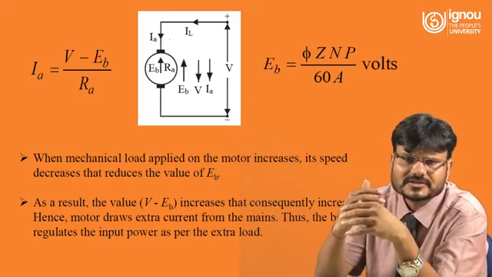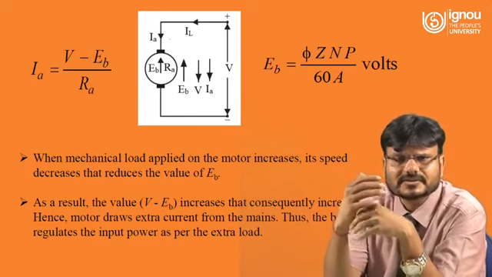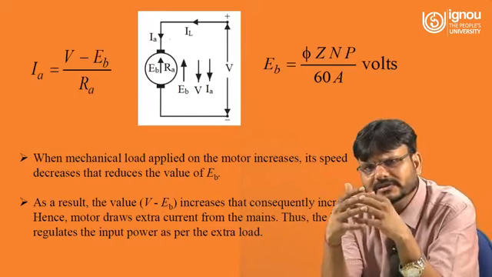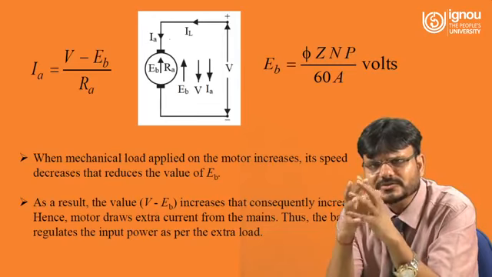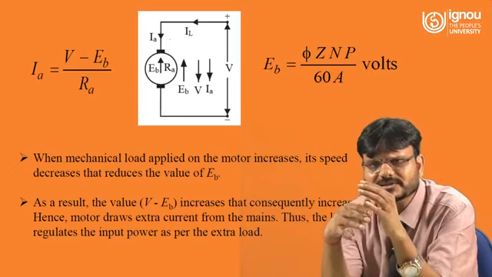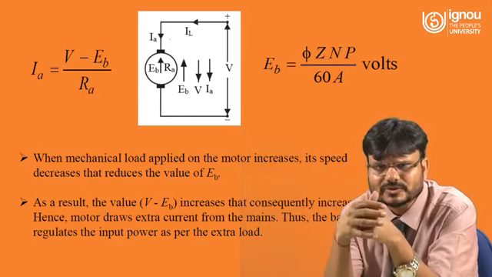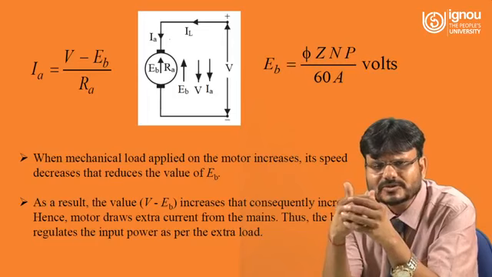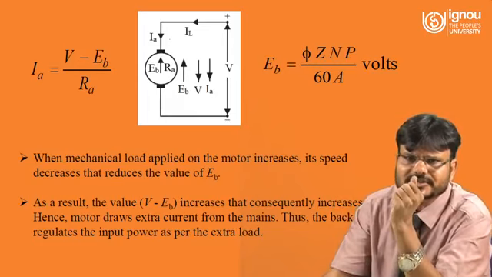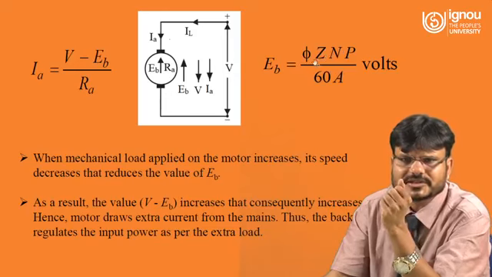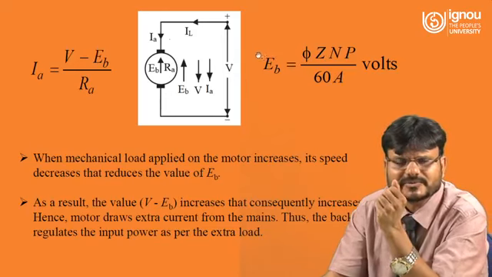Take the example of a train in a traction system. The number of passengers means it will experience some load, so the speed of that motor will decrease, and the value of the back EMF will decrease.